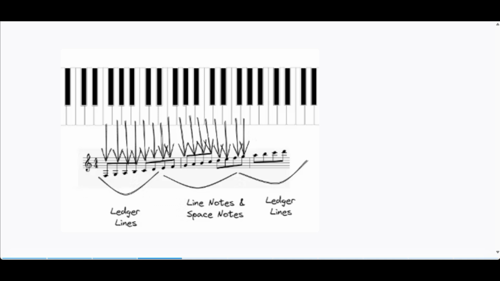And ledger lines are sometimes not singable or playable by the instrument that we are writing music for. For example, if we are going to write music for soprano singers, they might not be able to hit these low notes because they are soprano singers, something like that.